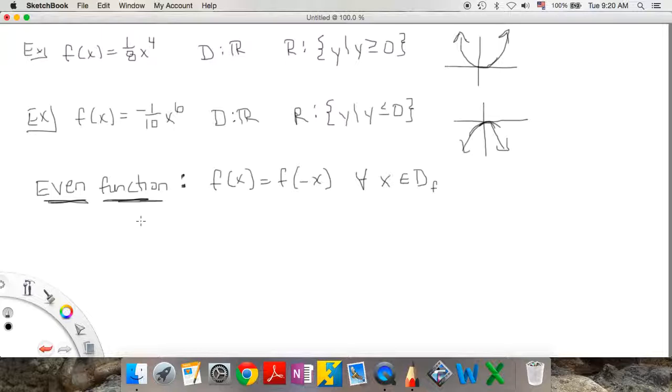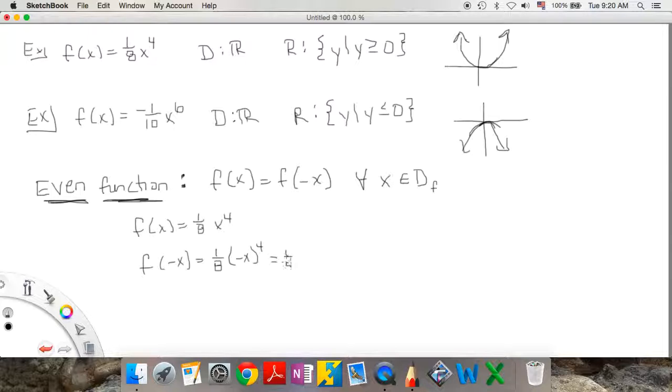We have f of x is 1/8 x to the 4th. Well, if instead I try f of negative x, remember that means I'm inputting negative x into the function. So I have 1/8 and I have negative x to the 4th power. Well, if I have negative x times negative x, I get positive, times another negative is negative, times another negative is positive.